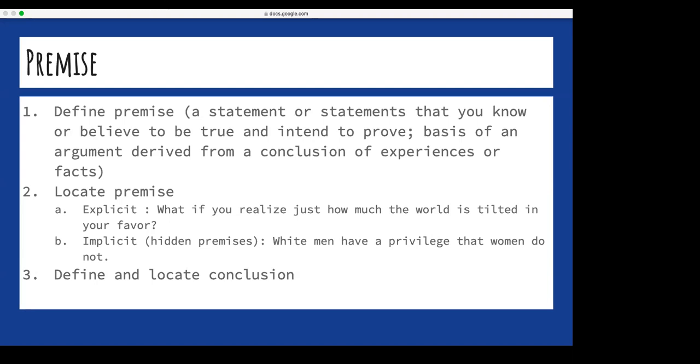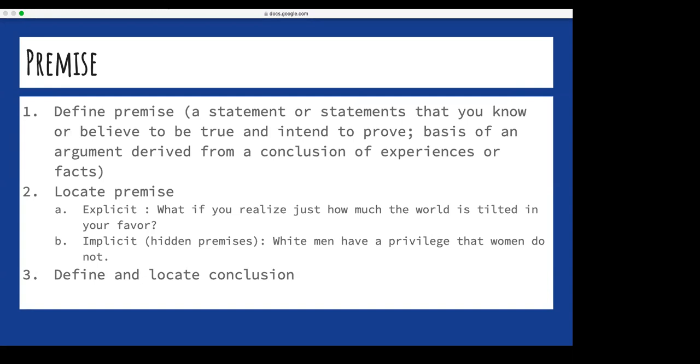Now, that is not in the best interest of having a solid argument, but it can happen. Whereas a premise is a statement or statements that you believe to be true. And the idea of it being believed is that you have drawn a conclusion based off of experiences or fact. So you build your argument around a conclusion that you've drawn.